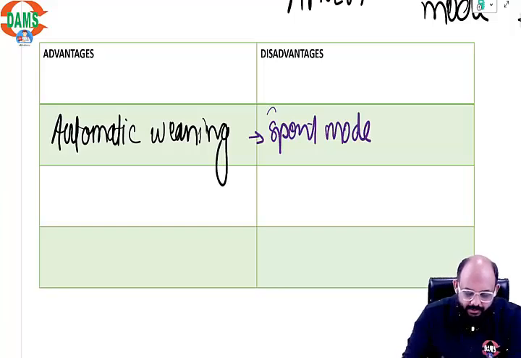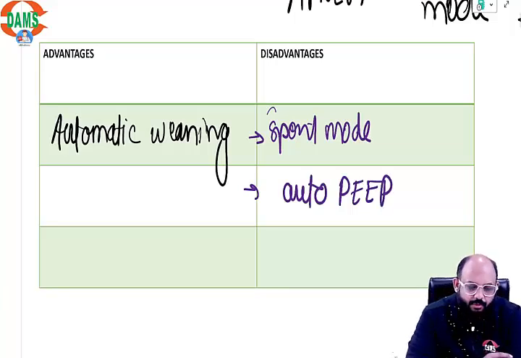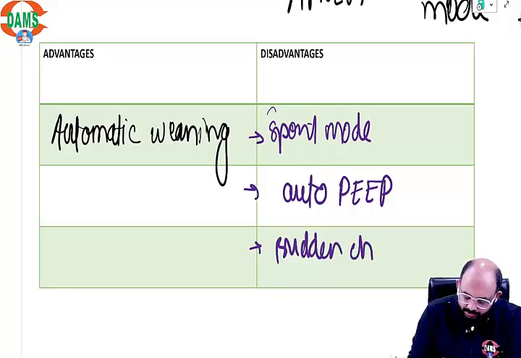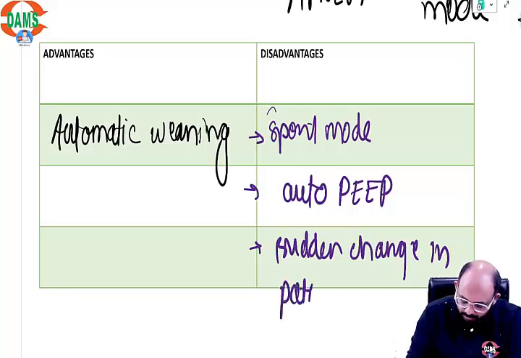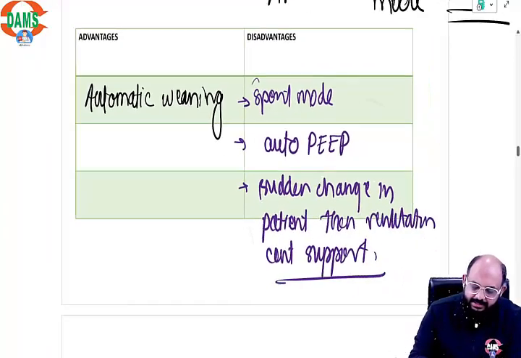It's a spontaneous mode. There is always a possibility of auto peep because of breath stacking. And then if there is a sudden change in the patient, the ventilator can't keep up, because it needs time to adjust.